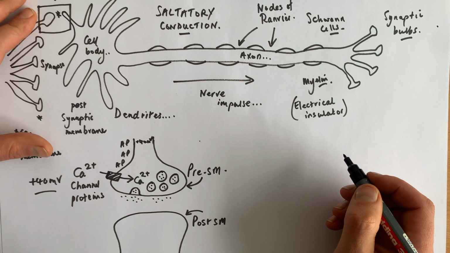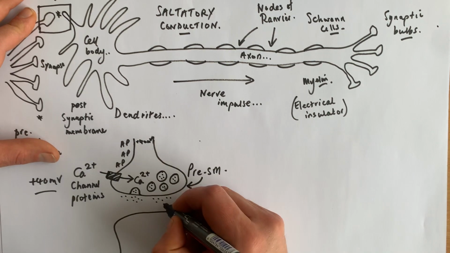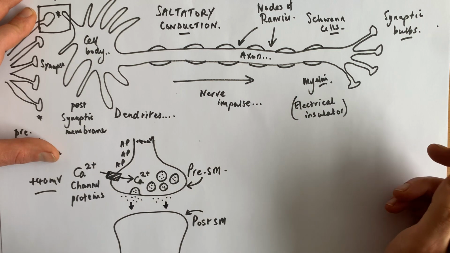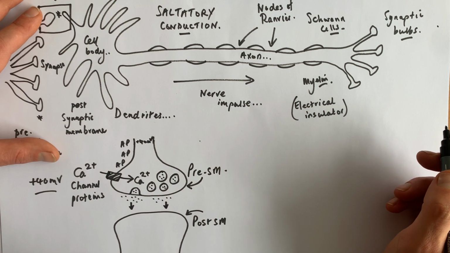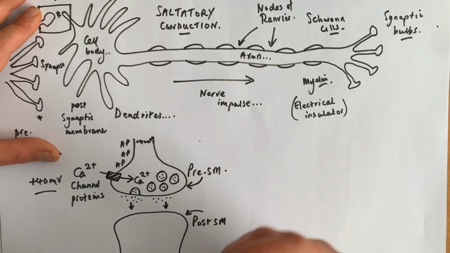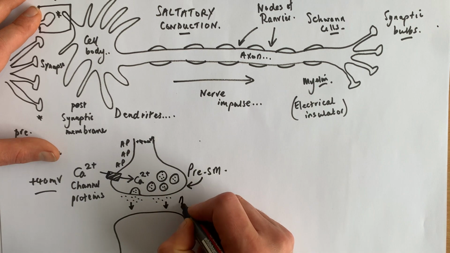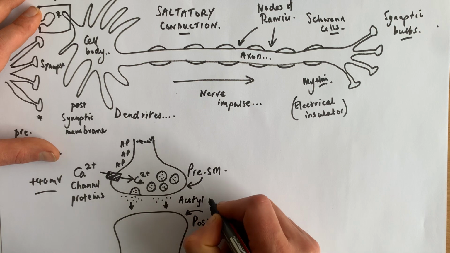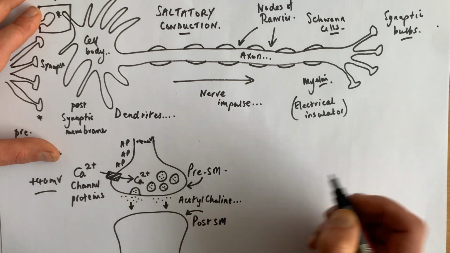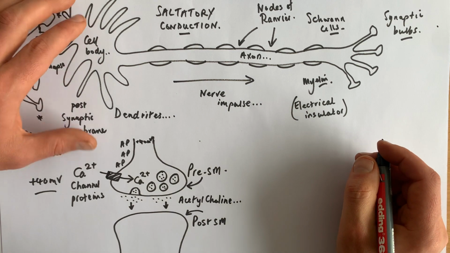Now, you've got to be careful here because it is diffusion. So we're going to get higher to lower concentration and diffusion down that concentration gradient across the synaptic cleft. And a typical neurotransmitter would be acetylcholine. So I'll just put acetylcholine, and that would be a cholinergic synapse.